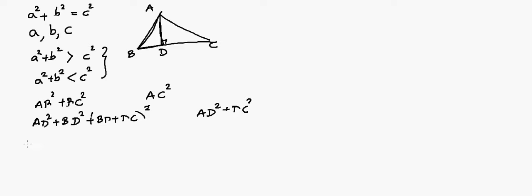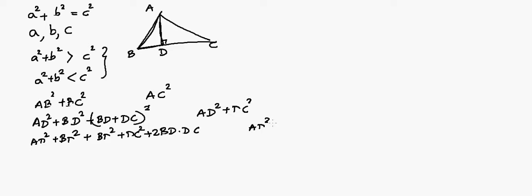So on the left side we have AD square plus BD square plus, when we open this parenthesis, BD square plus DC square plus 2 times BD times DC. That's going to be on the left side, and on the right side we have AD square plus DC square.